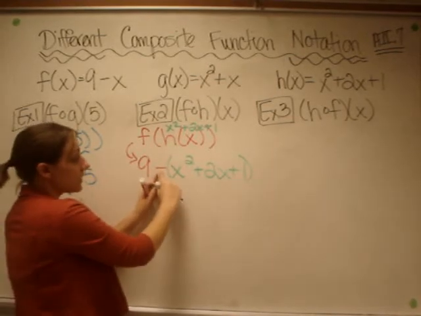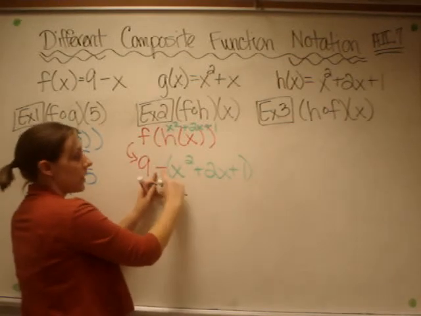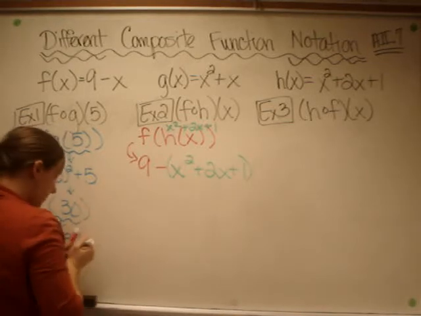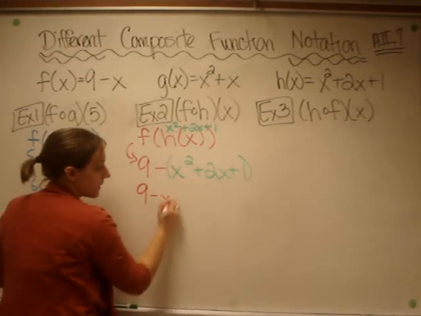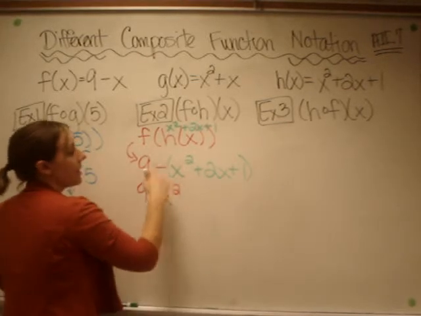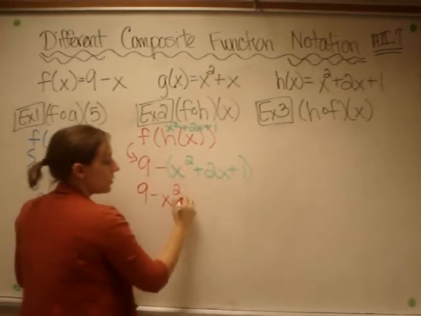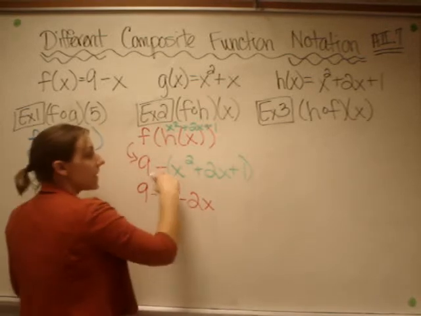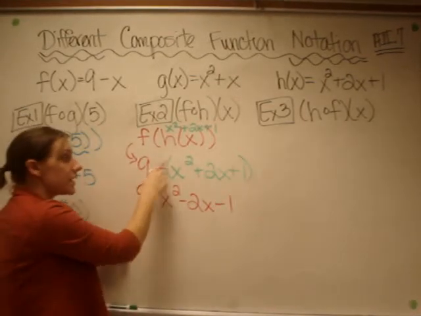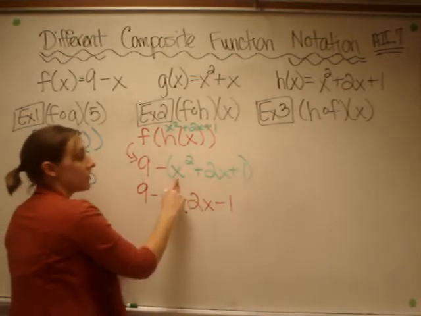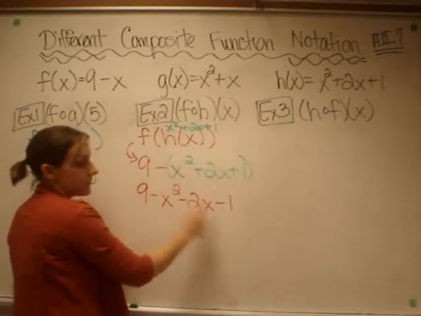So this means that we're subtracting each one of these terms. So when we do that, it's really 9 minus x squared, and then it's also minus 2x minus a 1. All right, so this minus means we're subtracting the whole thing, which means each one of them is subtracting.